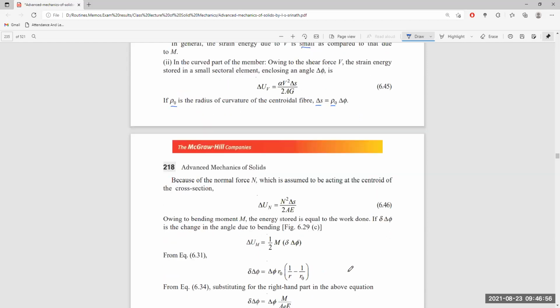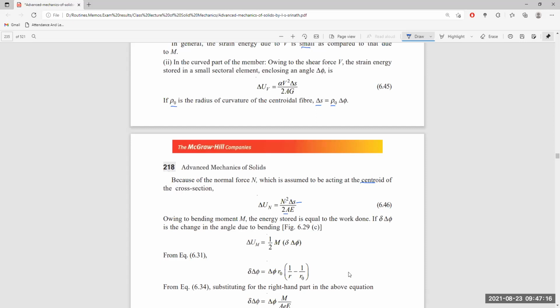Because of the normal force, which is assumed to be acting at the centroid of the section, the normal force N squared multiplied by delta S, the length of the deformation, divided by 2 into A into E. And owing to the bending moment, the energy stored is equal to the work done by the bending moment.